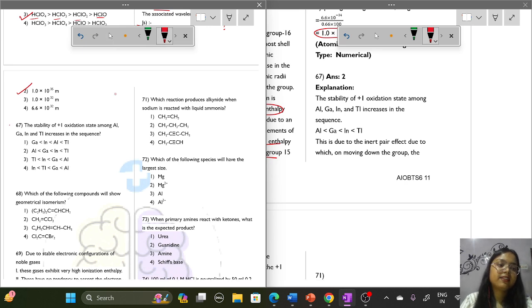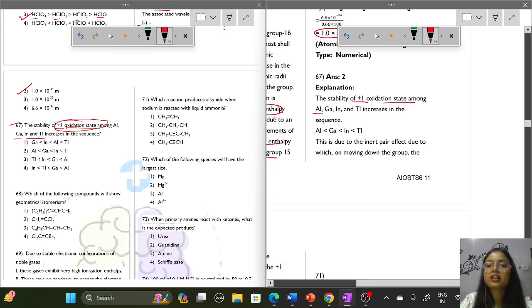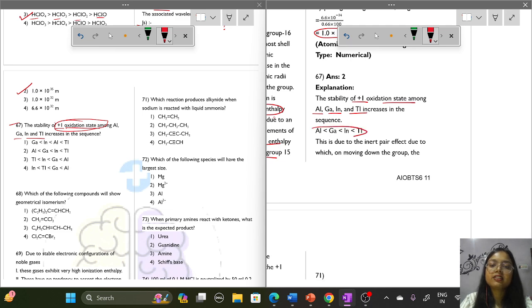Question number 67. The stability of the +1 oxidation state among aluminium, gallium, indium and thallium increases in which sequence? We have to see the stability of the +1 oxidation state among all these. Why is it so?